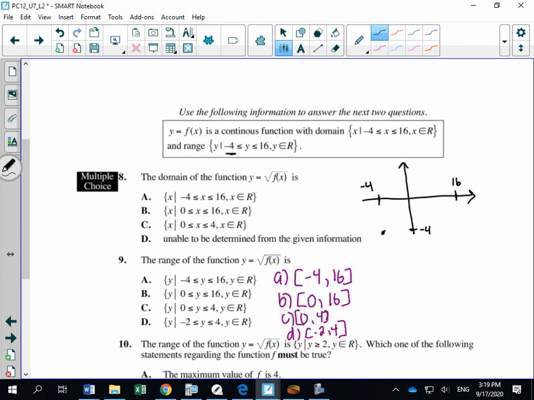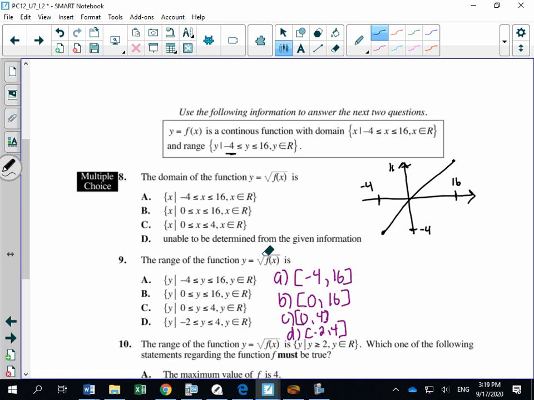So the graph is going to go from there to x to y is 16 as well. So you have a continuous function, the domain goes from -4 to 16, and the range goes from -4 to 16. Then what it's saying for number 9 is, what would be the range? We just want the y values. What would be the range on my transformed function when I take the square root of it?